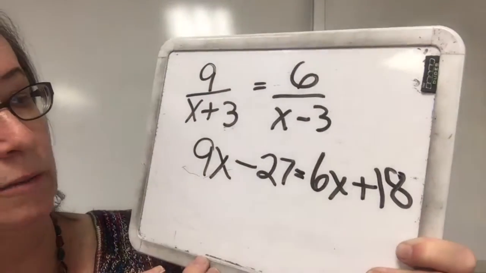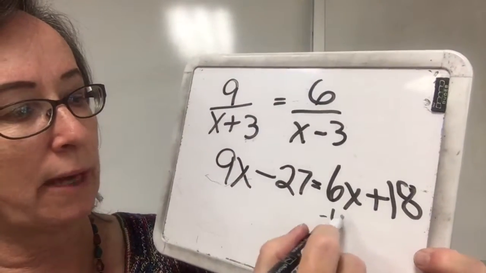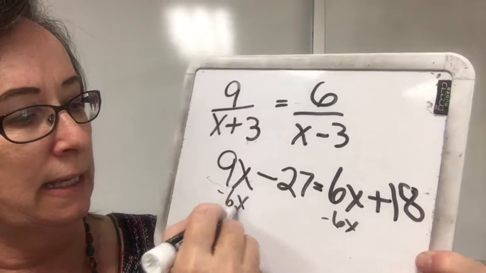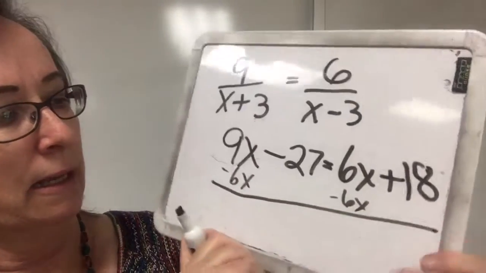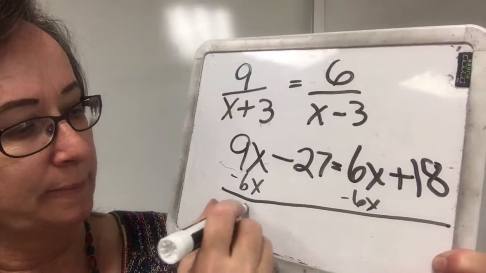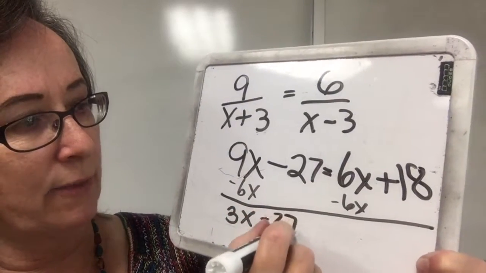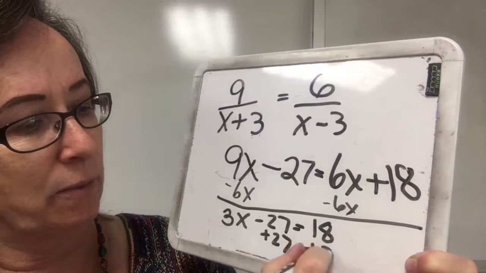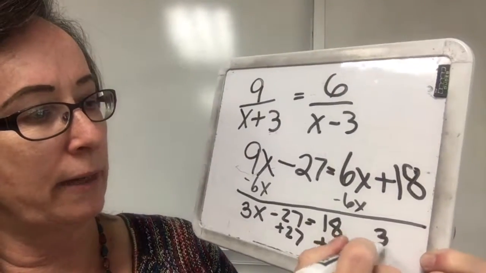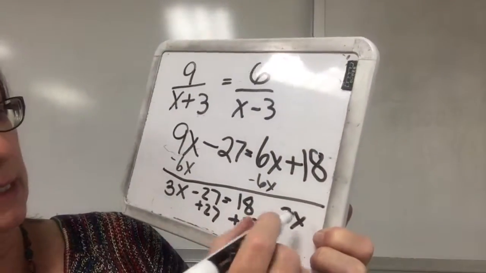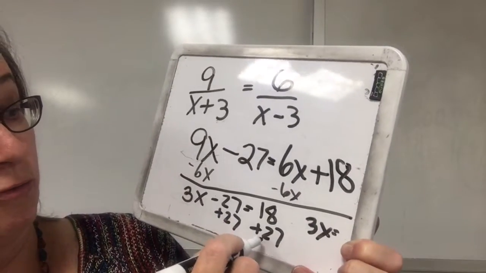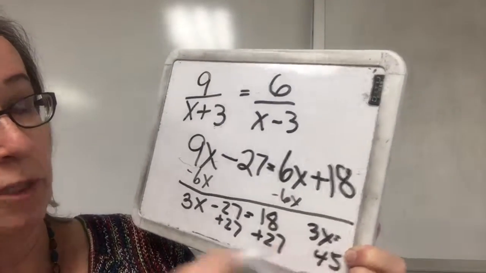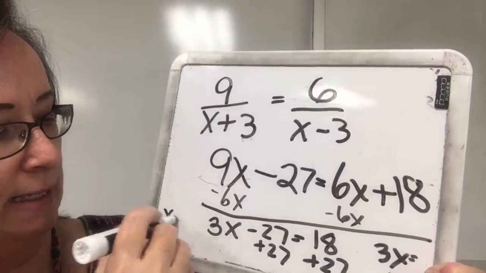Okay, so now to get all my x's on one side, we'll subtract the 6x from both sides, and then I get 3x minus 27 is 18, and if I add the 27 to both sides, then I get 3x is 45, which means x is 15.